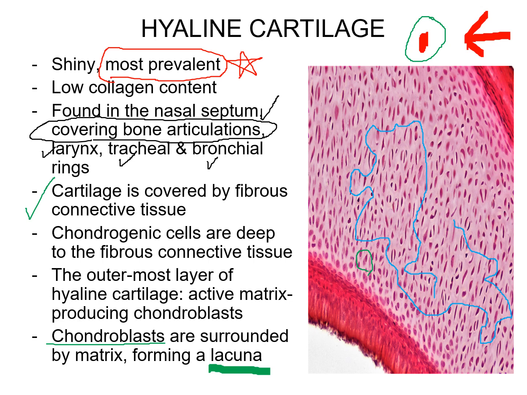We just talked about it in the compact bone, where those osteocytes hang out. So osteocytes live in lacunae, chondrocytes live in lacunae. It's just a lot easier to see the lacunae in cartilage because they're these more circular shaped structures instead of just black dashes. You'll also see lacunae in the other two types of cartilage on the next slides.